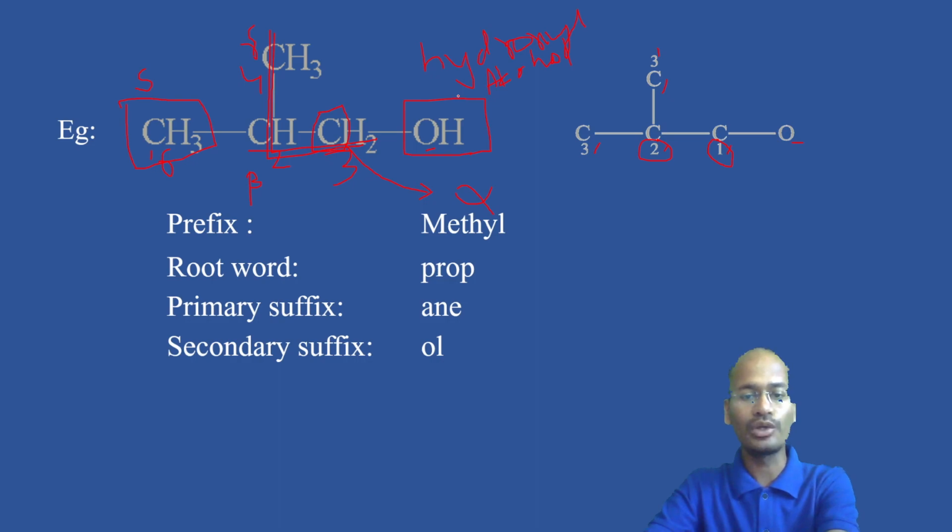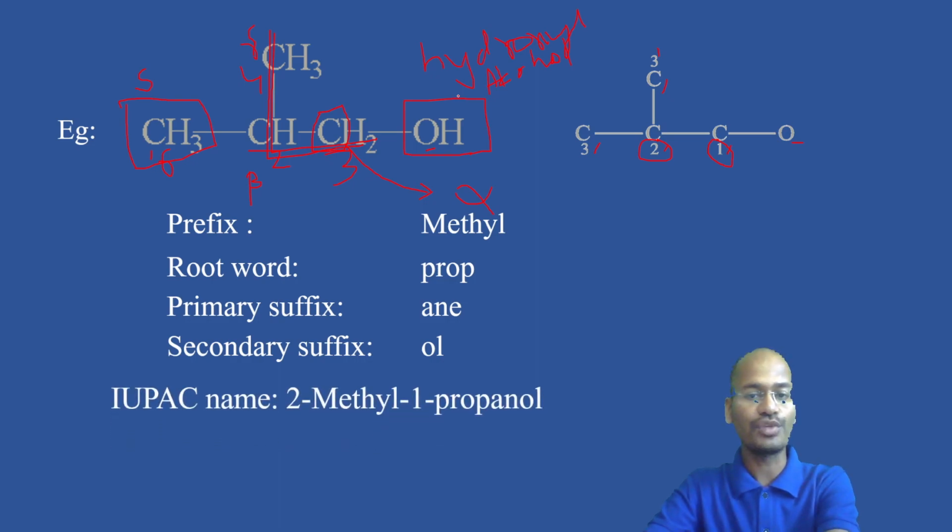By adding all together, the IUPAC name is going to be 2-methyl. Why I'm adding 2-methyl is because this methyl group is attached to the second carbon. 1-propanol. This 1 is indicating that this OL group is attached at the first position. That's why it is called 1-propanol. And this methyl group is attached at the second carbon, second position.